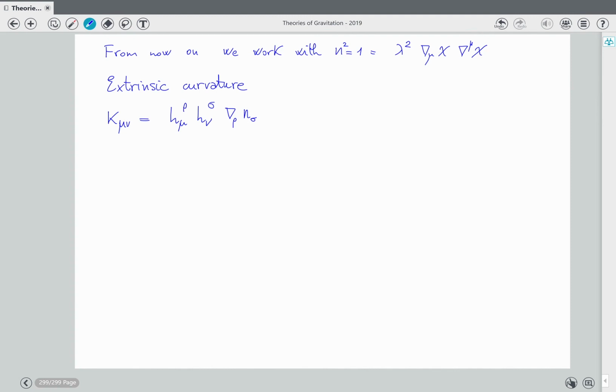So the normal vector is a vector, and the covariant derivative is the covariant derivative. We will assume no torsion, and we will assume metric compatibility.